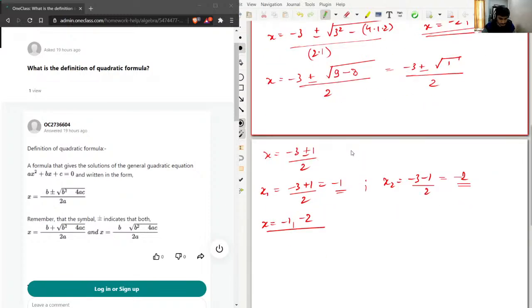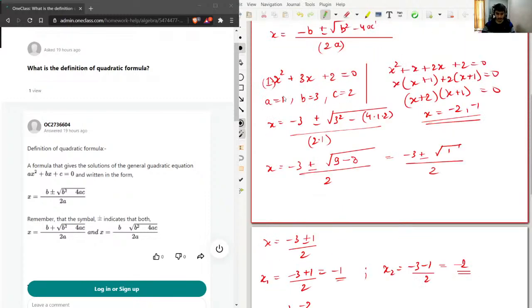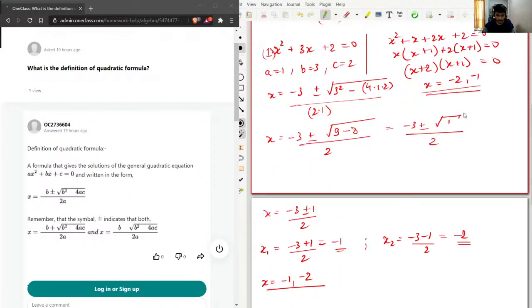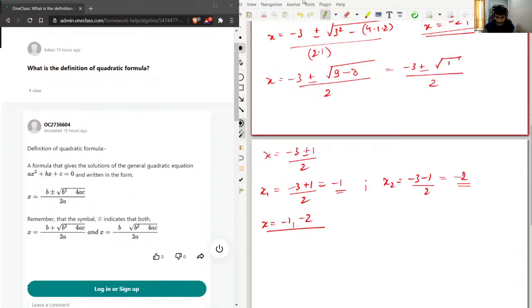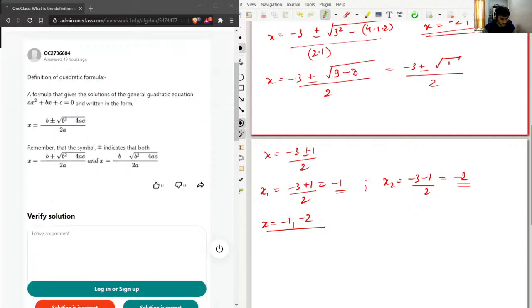Basically, in this way we have also proved that the roots of this equation are negative 2 and negative 1, and in this way we can calculate the roots of any quadratic equation. According to this, a minus sign is not printed here, that is an error with this website.